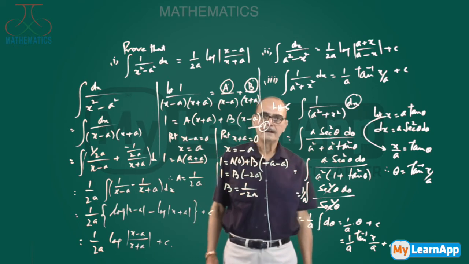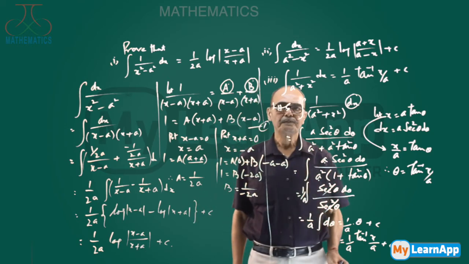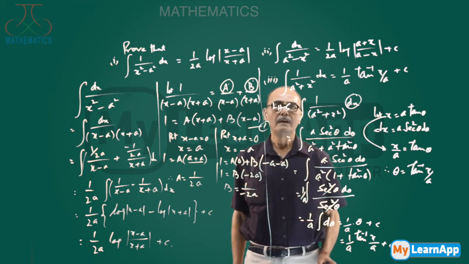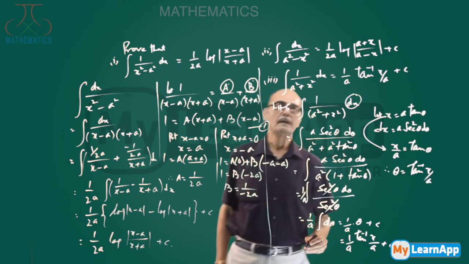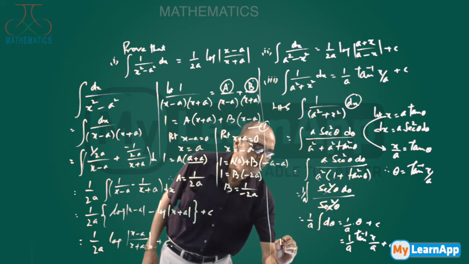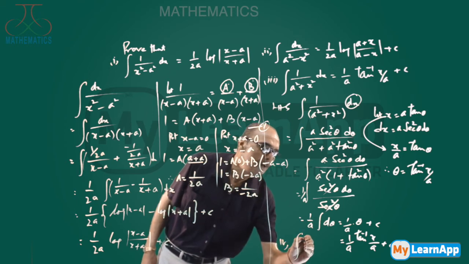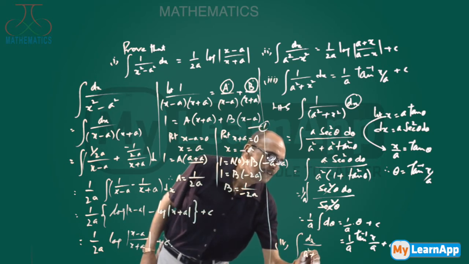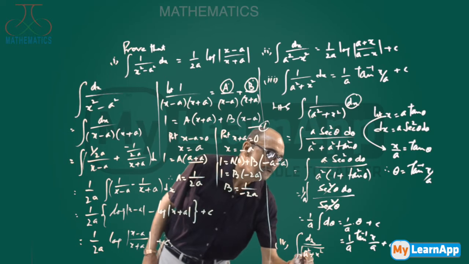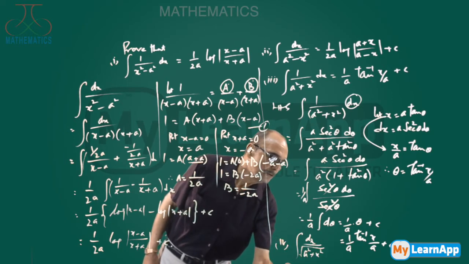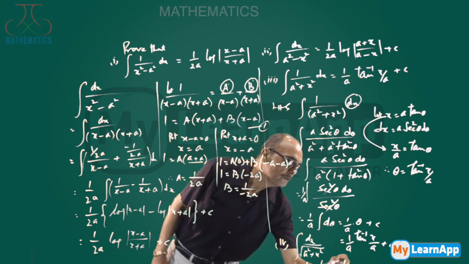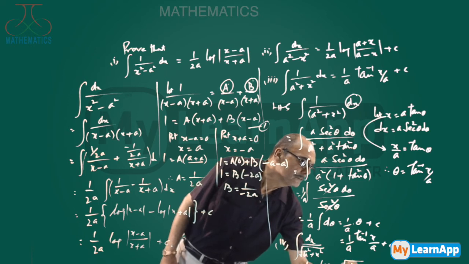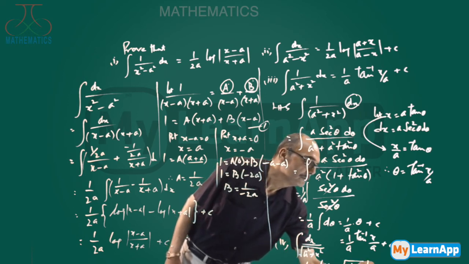Now after having derived this result, we next proceed to when a square plus x square is under the root. So the next result will be for the integral dx upon under root a square plus x square, which is equal to log of x plus under root a square plus x square plus c.